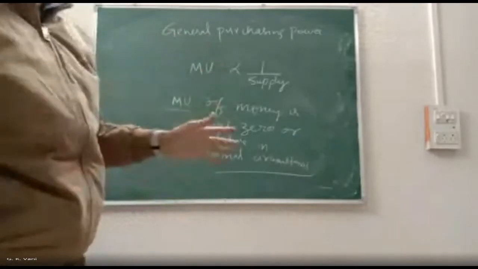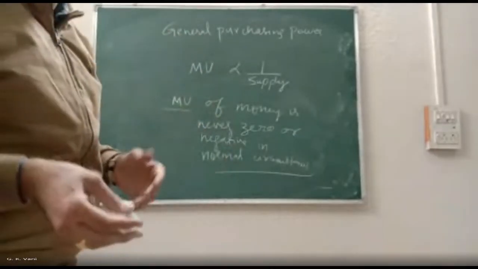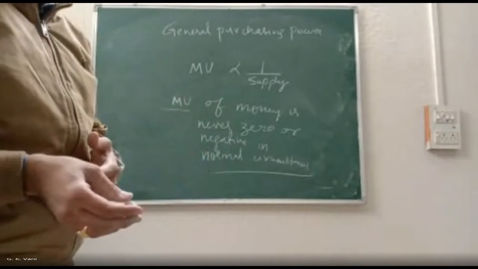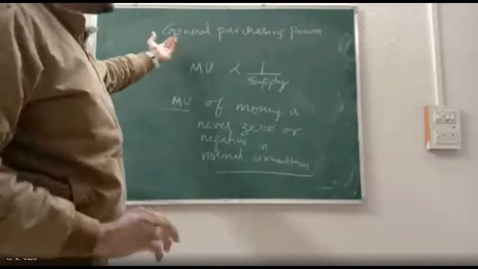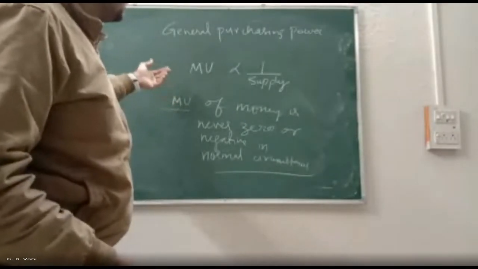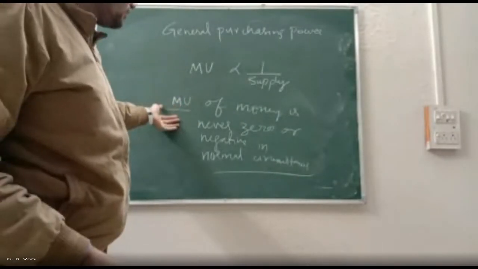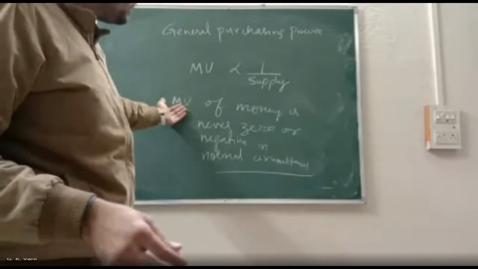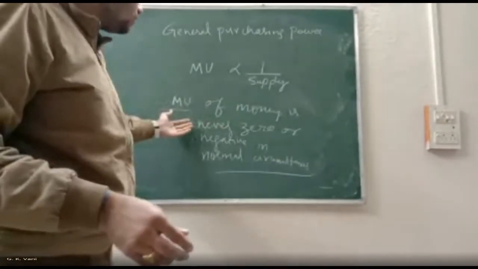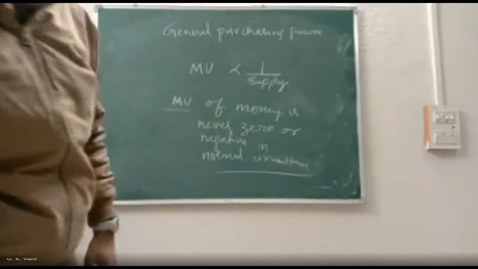If you have a large sum of money, like maybe the owners of Walmart, Amazon, they have so much money that they can buy anything. So money can buy all you need to satisfy your wants. So its utility can never fall to zero, or never can it be negative, right?